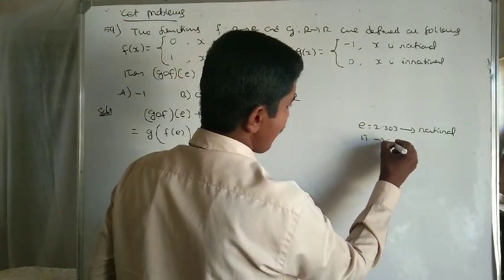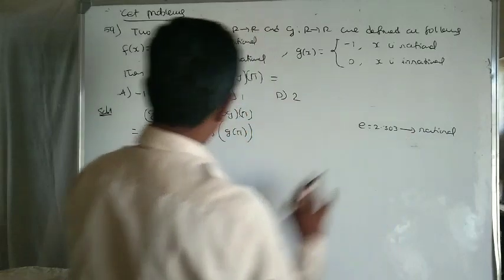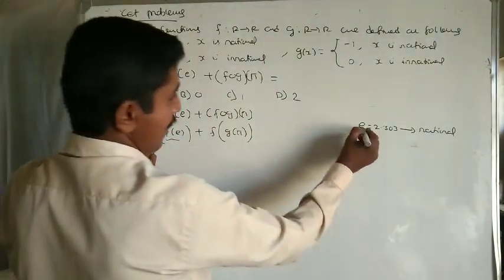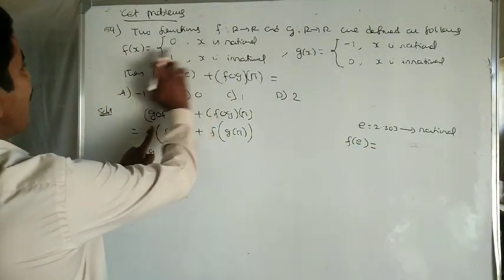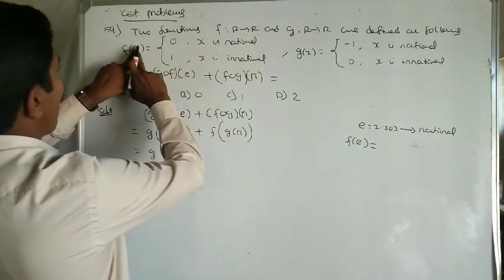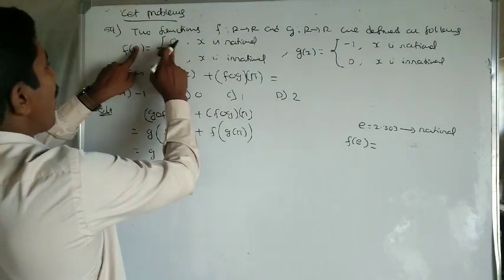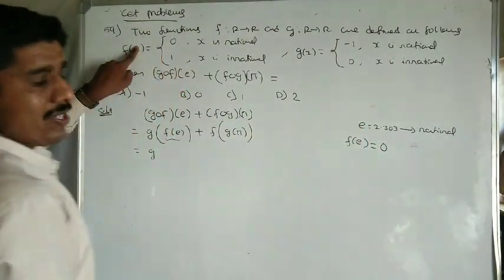Pi is clearly irrational. Got it. Here e is rational, so first I am writing f of e. What about f of e? Here x is rational, then f equals 0. F of e value is 0 because e is rational.